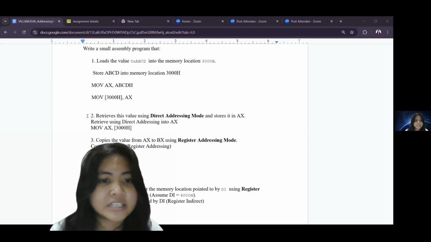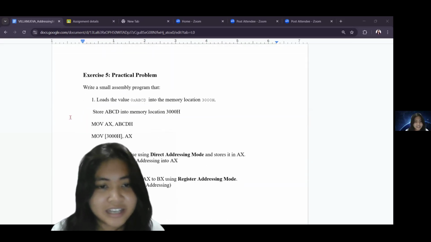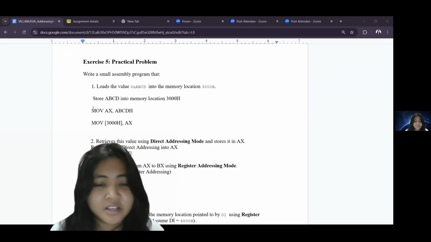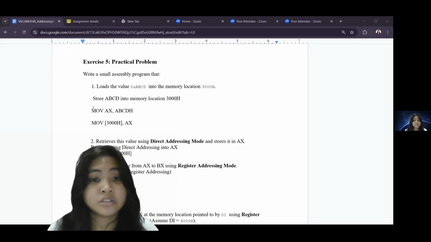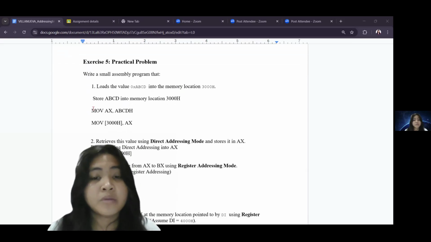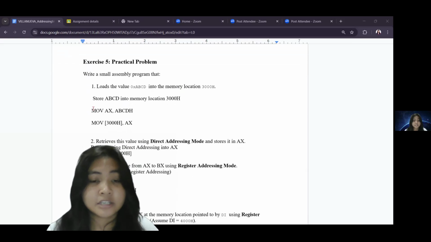So for the last exercise, exercise 5, practical problem. So we need to write a complete program that stores a value at memory location 3000H, retrieves it using direct addressing, copies it to BX using register addressing, and stores it at location 4000H using register indirect addressing.